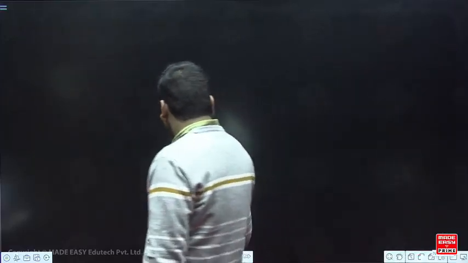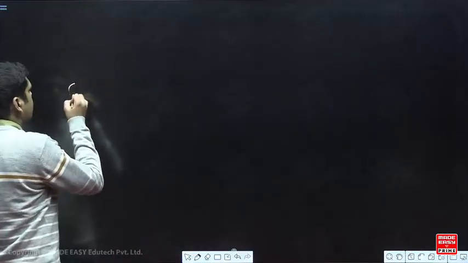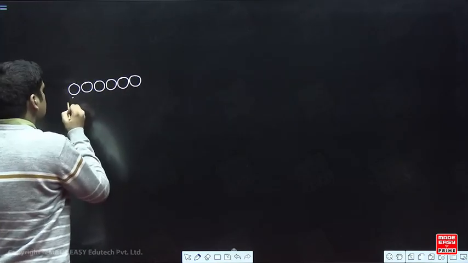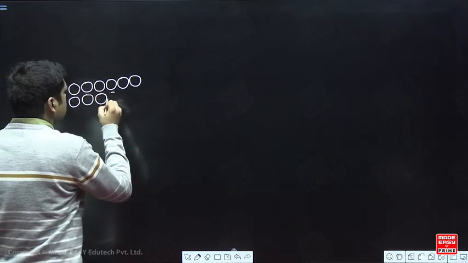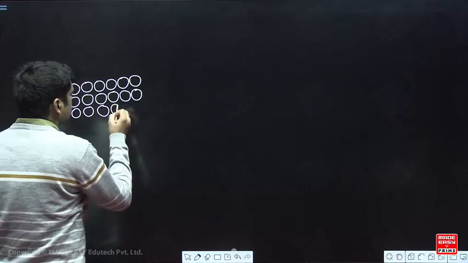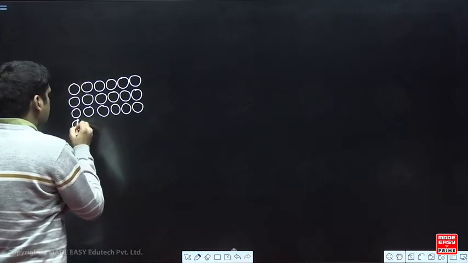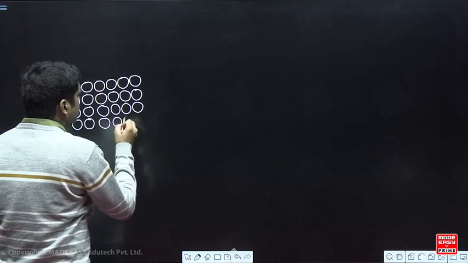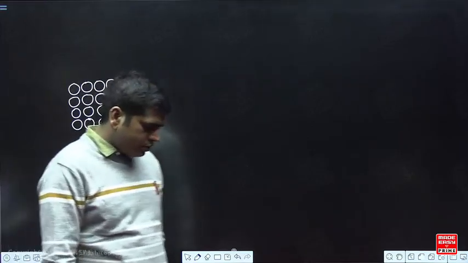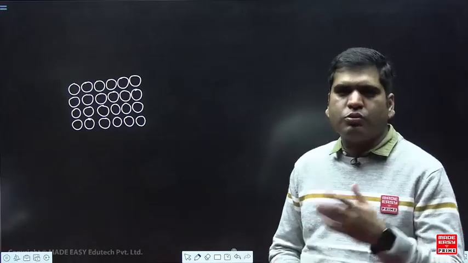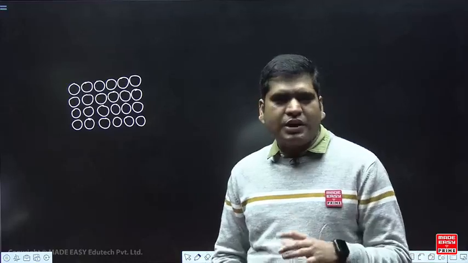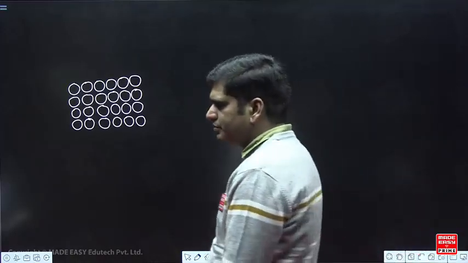Next heading. Let us suppose this is the atomic arrangement. It is perfect, regular and periodic. So if any crystal is having regular and periodic arrangement throughout the crystal, then it will be known as an ideal crystal. But ideal things do not exist in reality.